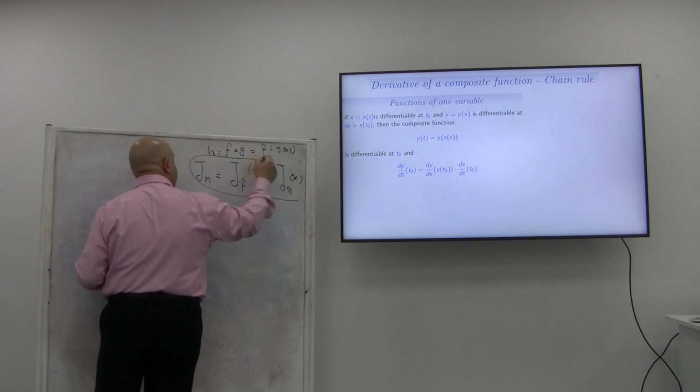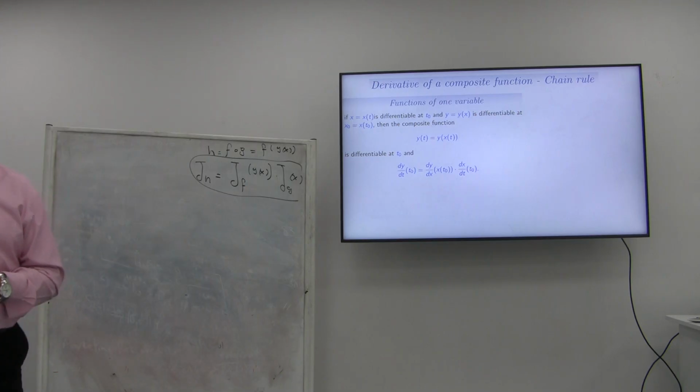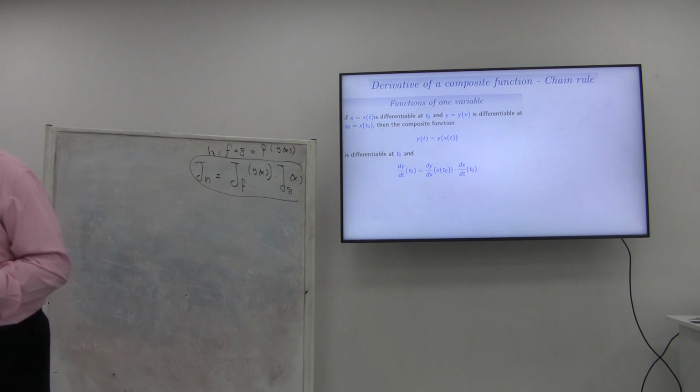These are the two Jacobians required to take the derivative of composite functions in multivariable functions.